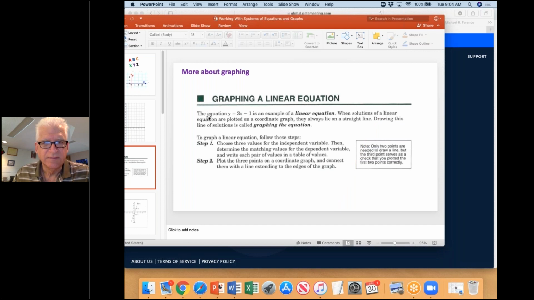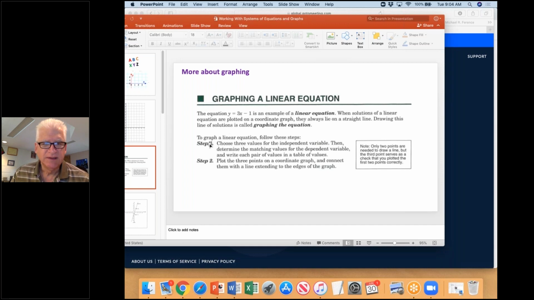Okay, so this equation in this example, 3x minus 1, is an example of a linear equation. It's the same thing as what I just showed you from the review. You plug figures in for the x and you come up with a y.